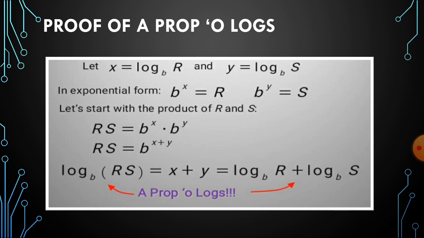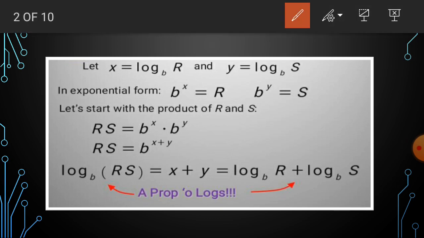So this is the proof of logarithm. So log base b of rs equals log base b of r plus log base b of s. So the rule we have used there is the product rule of logarithm.